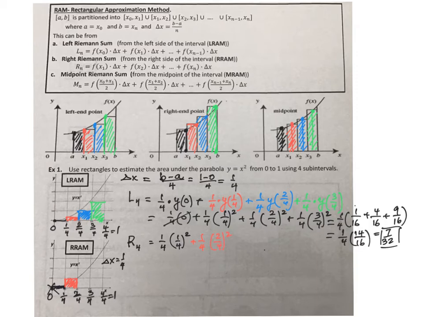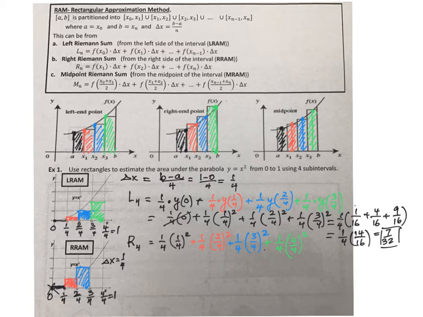The third rectangle, the base is 1/4, times (3/4)². So 3 over 4 is to the right of the rectangle. So we're choosing 3 over 4. And the last rectangle, which is base times height, base is 1/4, times the height, which is (4/4)².